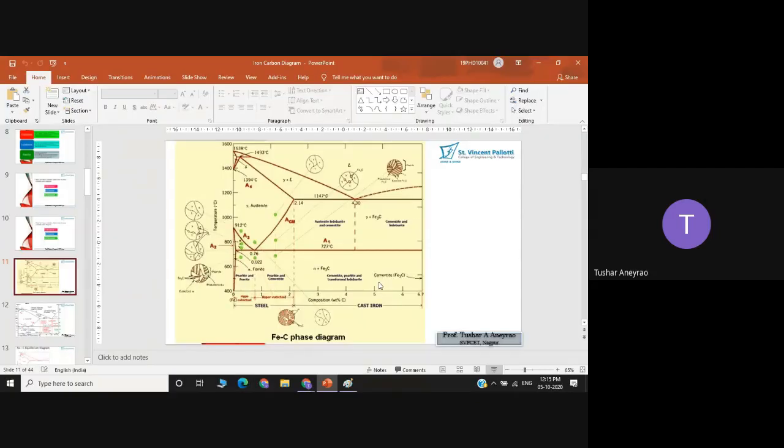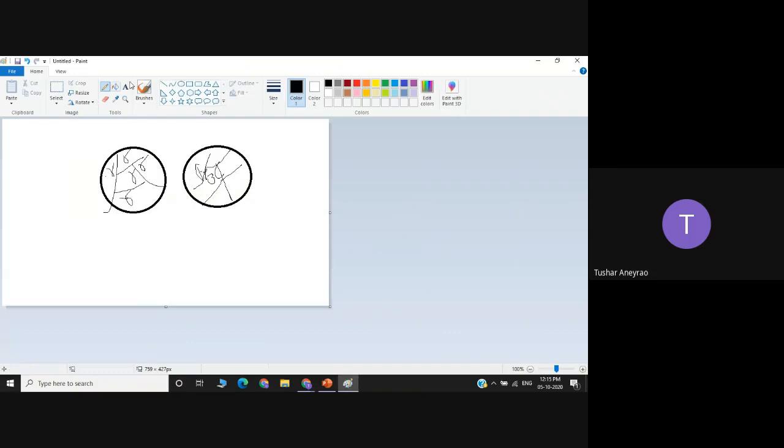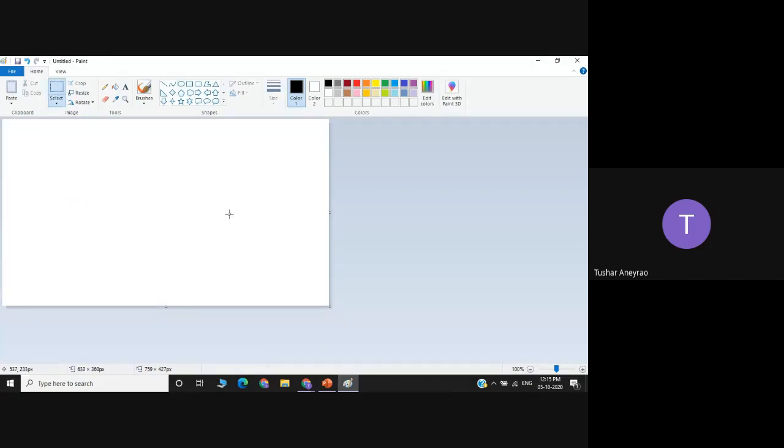So what is happening here? You can see here. Now it is 100% liquid, right? The 100% thing is liquid here. Now it is getting converted into solid form.